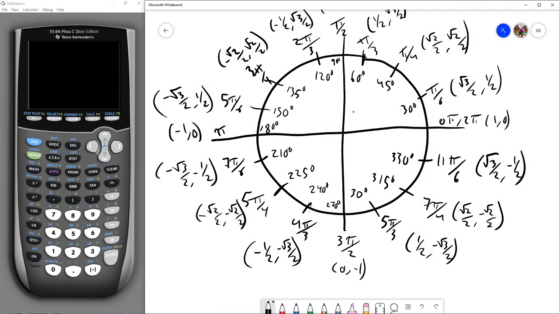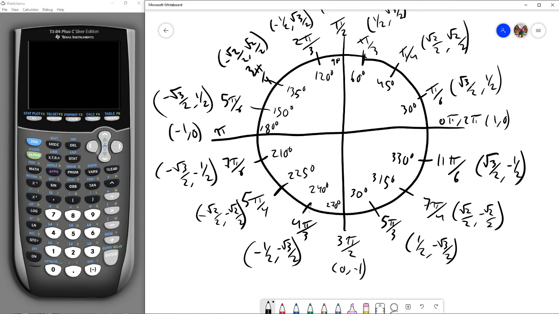With the pi over 6 and the pi over 3, how I remember them is, for pi over 6, the x coordinate is larger, we go further out in the x direction, whereas when we think of pi over 3, we go further up in the y direction. Square root 3 over 2 is the larger value of these two. Square root 3 over 2 is larger than 1/2. So I just keep that in mind.